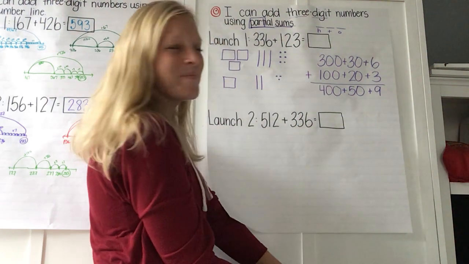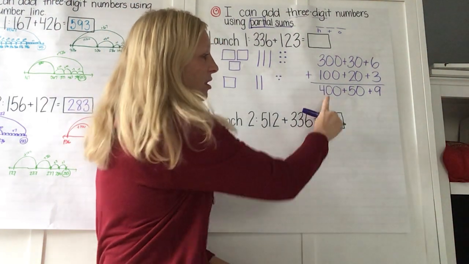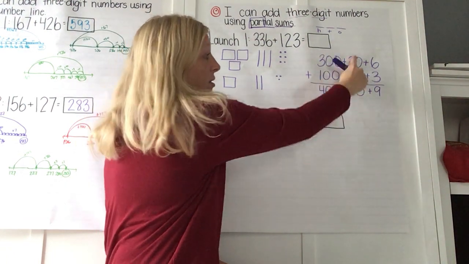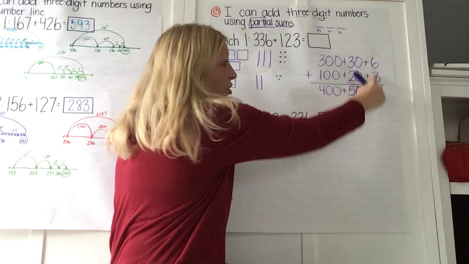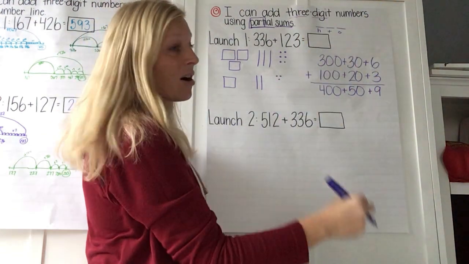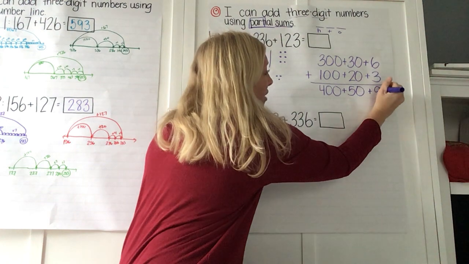Are you done? Then what is your sum? These two numbers, our sum is that. These two numbers, the sum is 50. These two, the sum is 9. Those are each of those parts. Now, what is that number going to be when we add those three together?